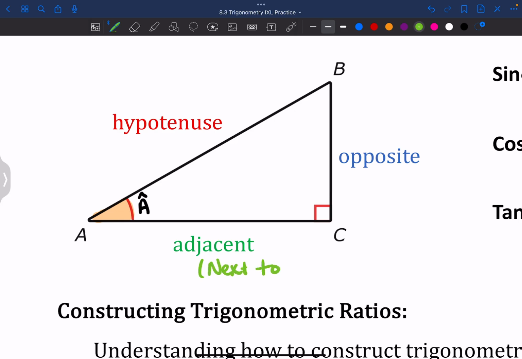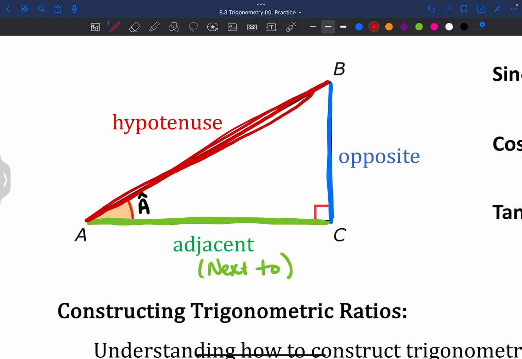Well, which leg is literally next to the angle? The one touching it. What leg is next to or adjacent to the angle that we're looking at? And then the other side is opposite. Again, the hypotenuse is literally the side opposite to the 90 degrees.